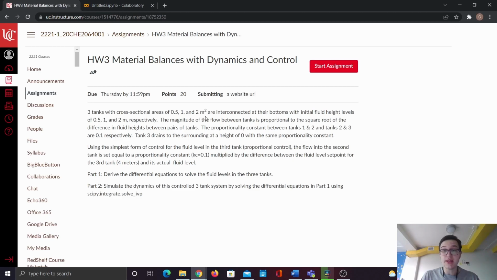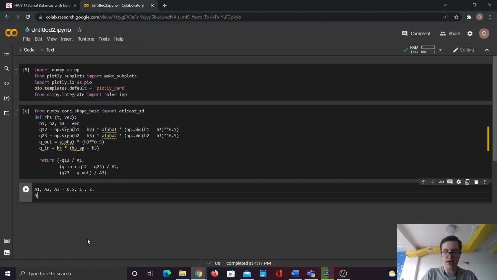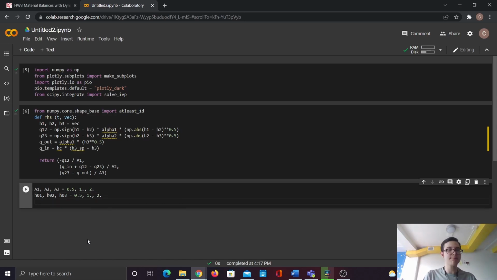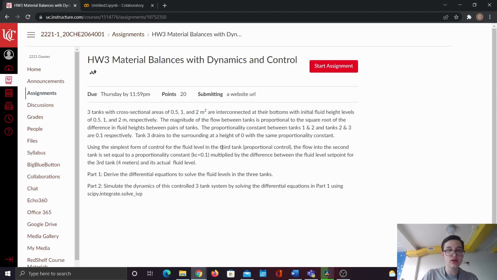And the initial fluid height level, which we're going to call H naught for each tank, is 0.5, 1, and 2, so they match up. So H naught 1, H naught 2, and H naught 3, the initial heights of the liquid in tank 1, tank 2, and tank 3, are also equal to 0.5, 1, and 2, respectively.